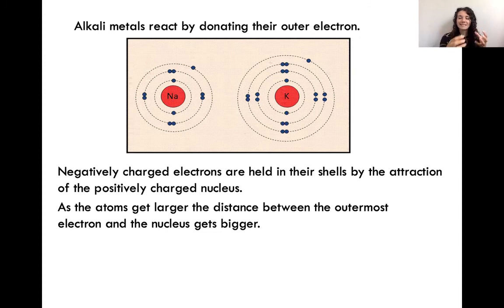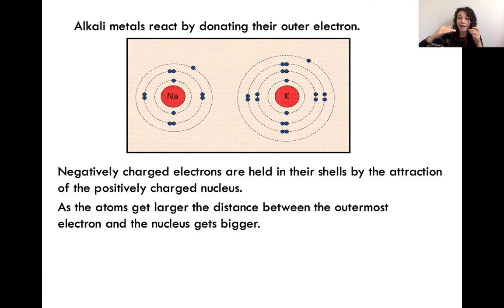As the atom gets larger, so as you add more shells to the atom, the distance between the nucleus and that outermost electron gets bigger. You can see here, the distance between the potassium nucleus and the outermost electron is much bigger than the distance between the sodium nucleus and the outermost electron.